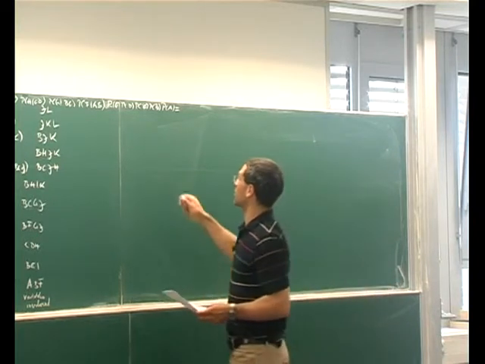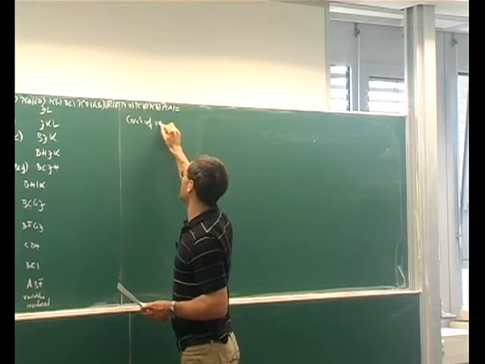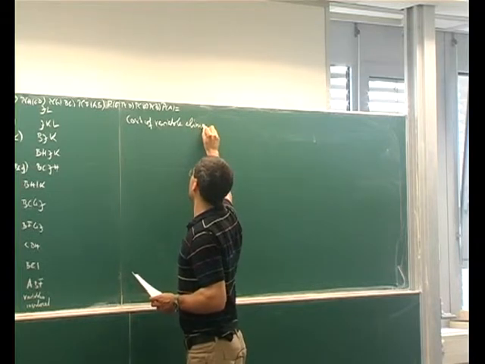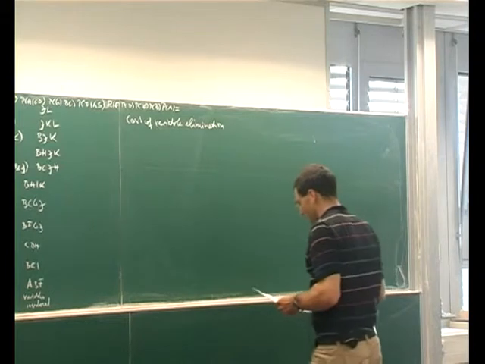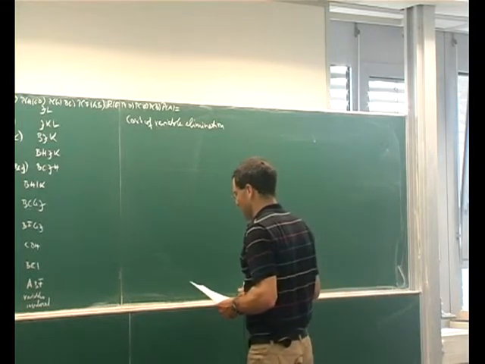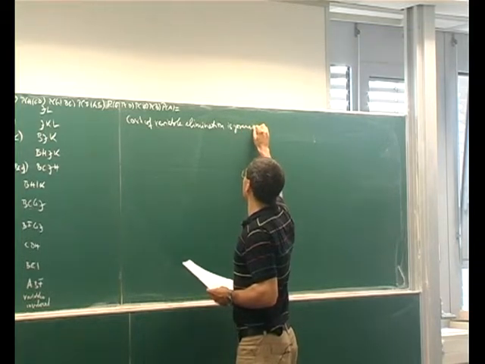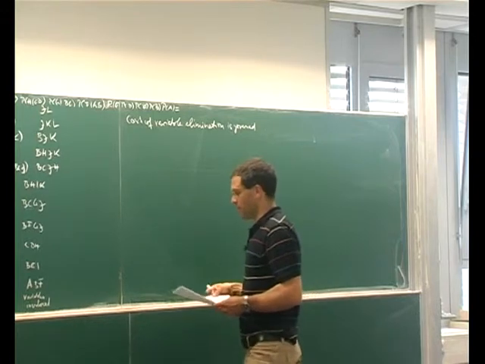And that matters because the cost of variable elimination is dominated or is governed by the size of the generated intermediate factors.